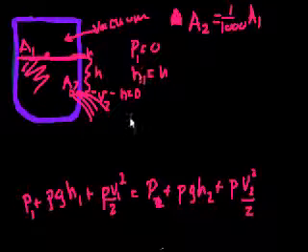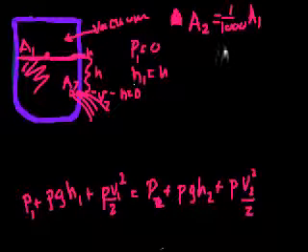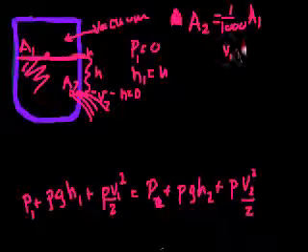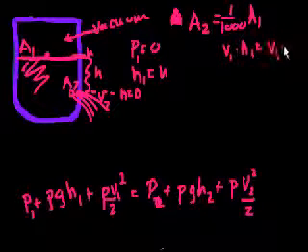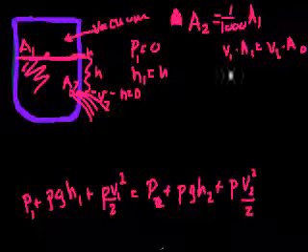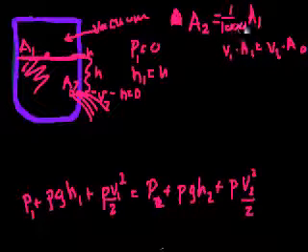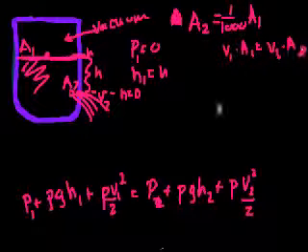And what is the input velocity? Well, from the continuity equation, we know that the input velocity times the input area is equal to the output velocity times the output area. And we also know that the output area is equal to 1/1000th of the input area. So v1 times A1 is equal to v2 times A1 over 1,000. Divide both sides by A1.